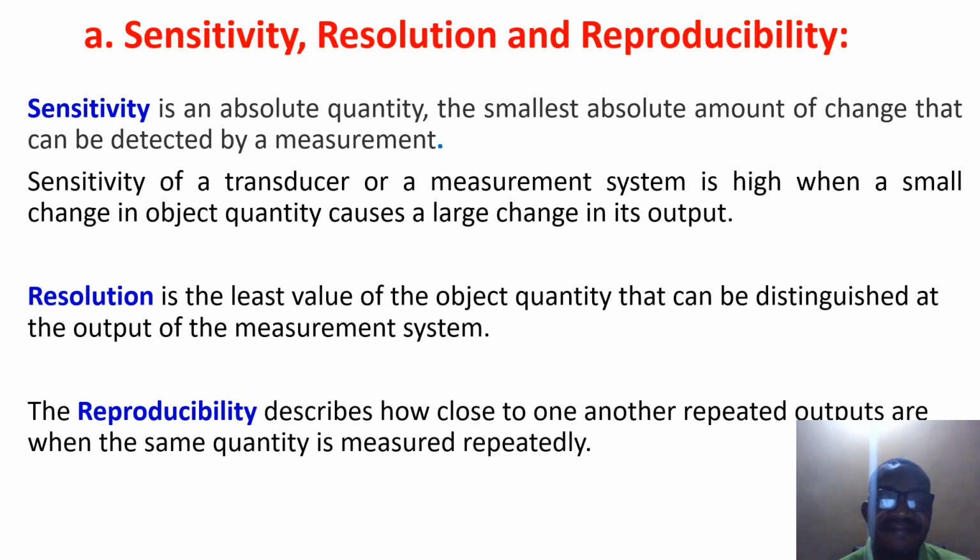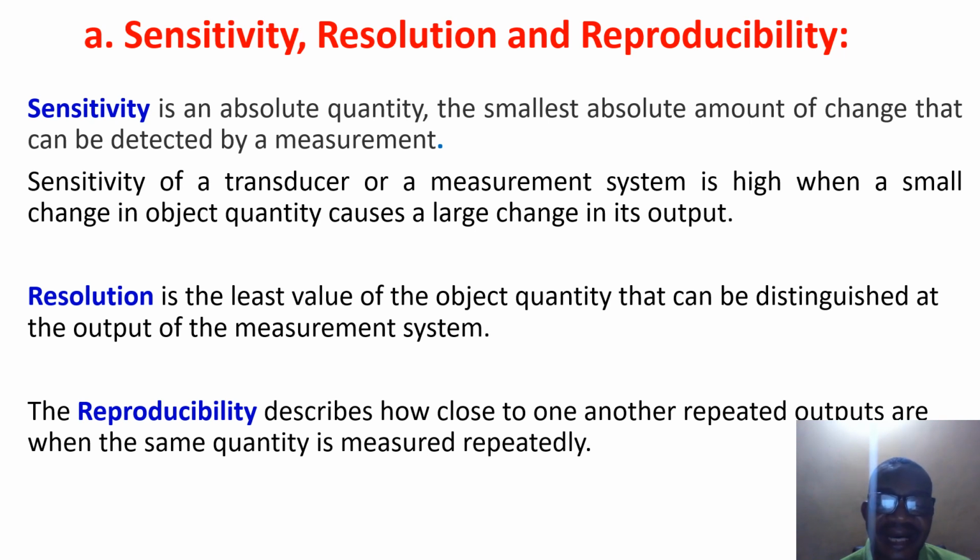Resolution is the least value of the object quantity that can be distinguished at the output of the measurement system. That is the smallest quantity that a measurement system can distinguish, the smallest quantity it can measure.